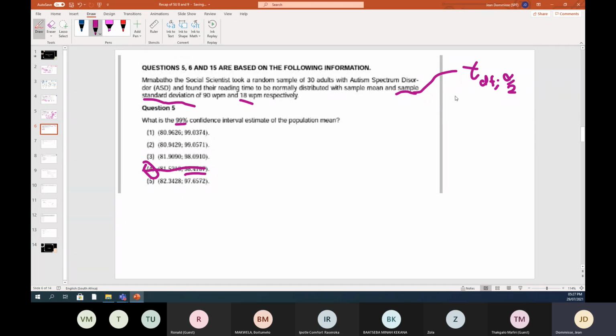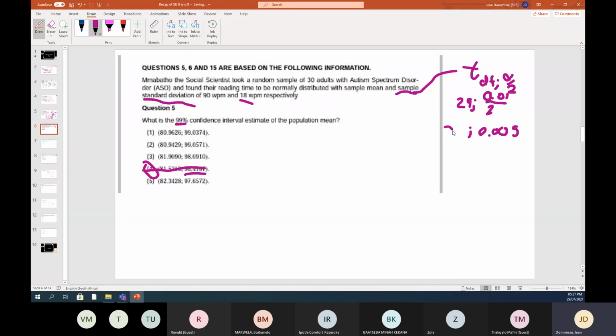Okay, so degrees of freedom, n minus 1. So we're working with 29 then. Alpha over 2, so alpha is 1%. So 1% is 0.01. If we divide that by 2, we get 0.005.